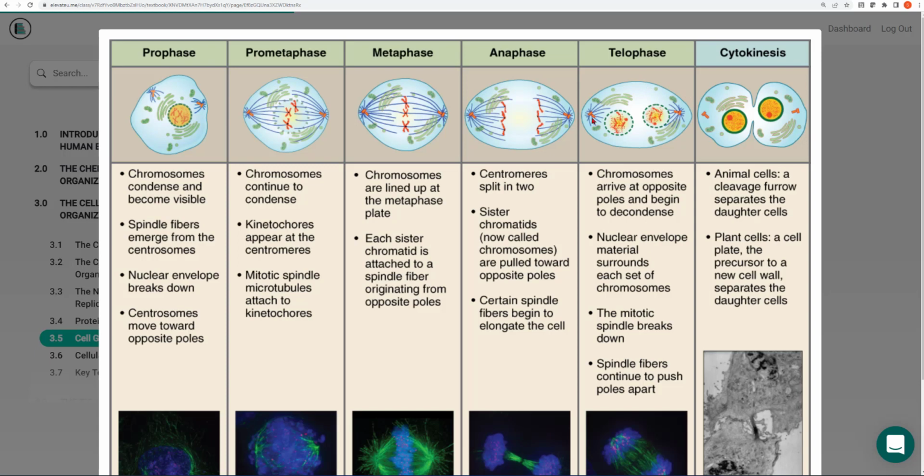Notice that what happens in telophase is the opposite of what happens in prophase. In telophase, we begin to see the nucleus reform. So the nucleus, you can see dotted lines, is reforming. The DNA begins to unravel, starts to decondense, and will no longer be visible.